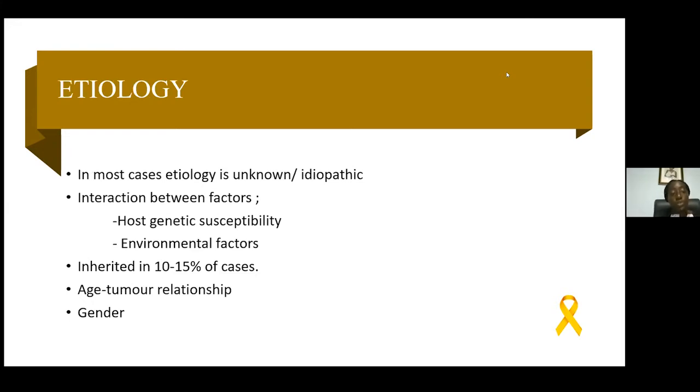Moving on, we want to look at the causes of cancer. For the majority of cases, we do not know the cause, so we term it as idiopathic. But research has proven that there's an interaction between the host genetic makeup and the environment. These two come together to predispose a person or increase the person's risk of getting a particular type of cancer.